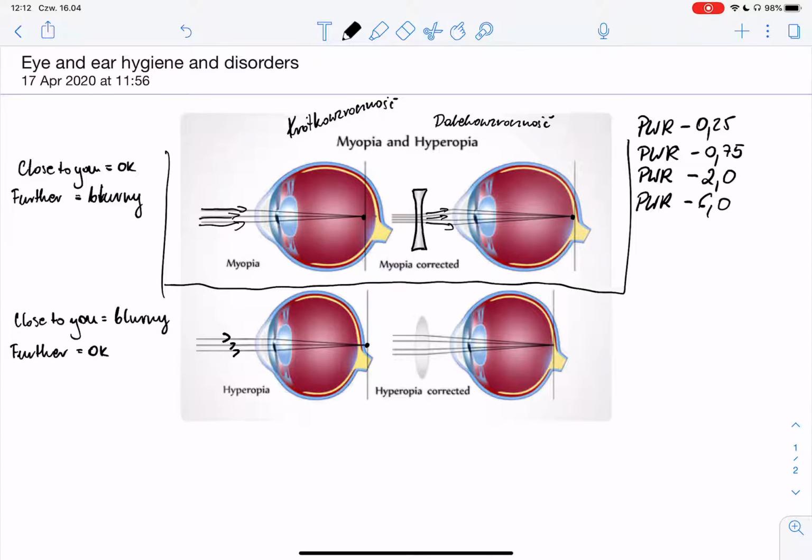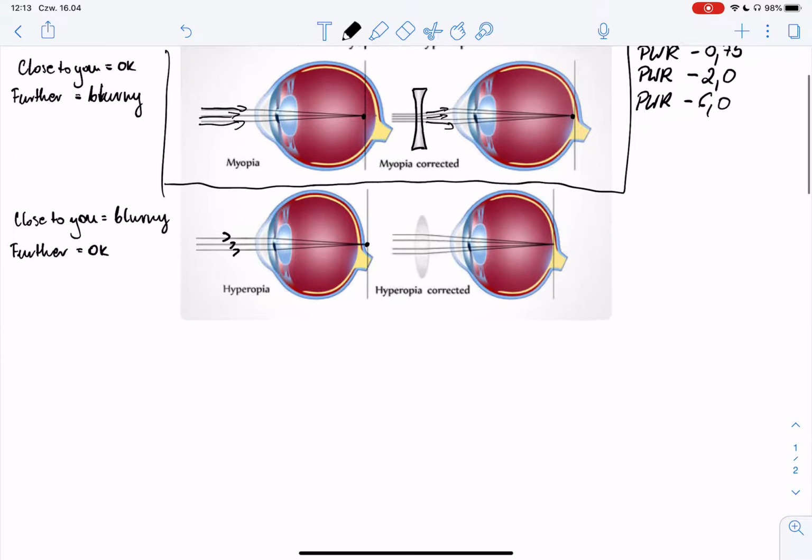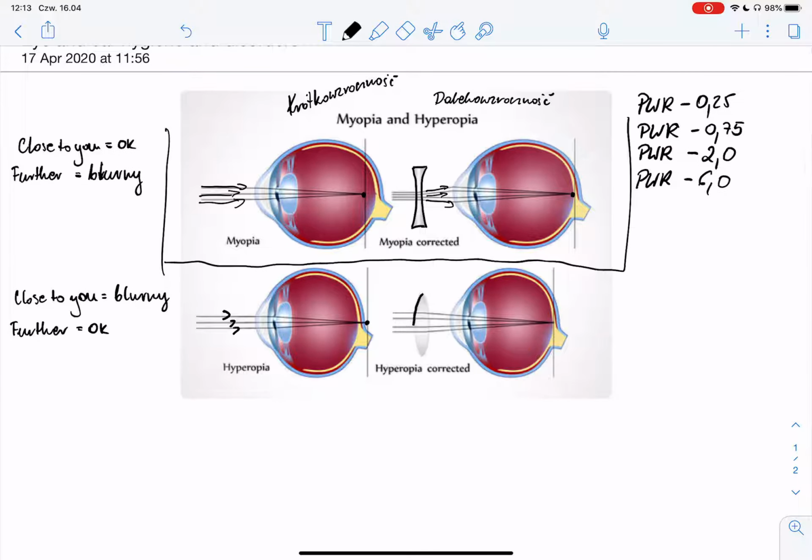When you have hyperopia, sometimes also called farsightedness, then you will need glasses that have a more convex shape. So they will focus the light a little bit more before it enters your eyeball, and it will make the focus fall exactly on the retina.